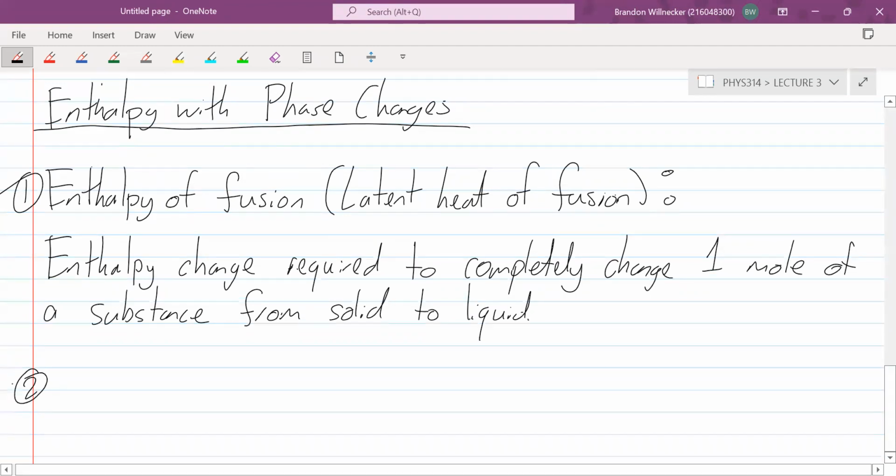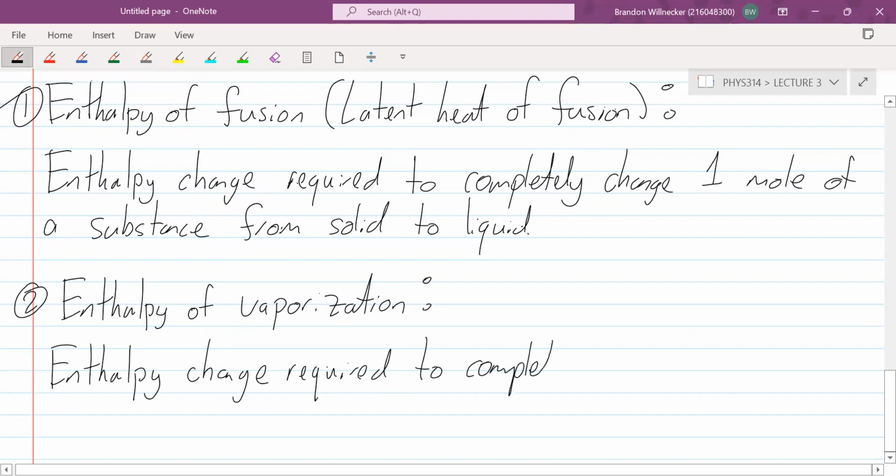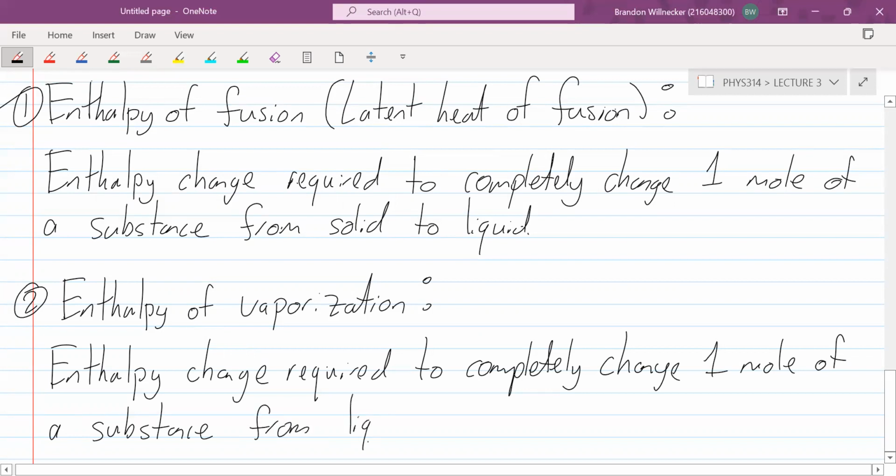The second thing is enthalpy of vaporization. That is the enthalpy change required to completely change, again, one mole of a substance from liquid to gas.